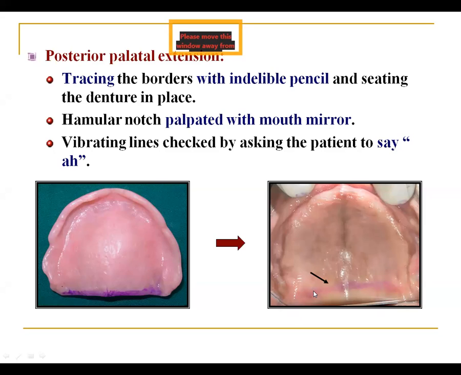Ask the patient to say ah. The movable and unmovable portions, the junction between these two, you just draw a line. This is your PPS area. Then we transfer this marking onto the internal surface of our prosthesis. If overextension is there, we have to reduce that overextension.